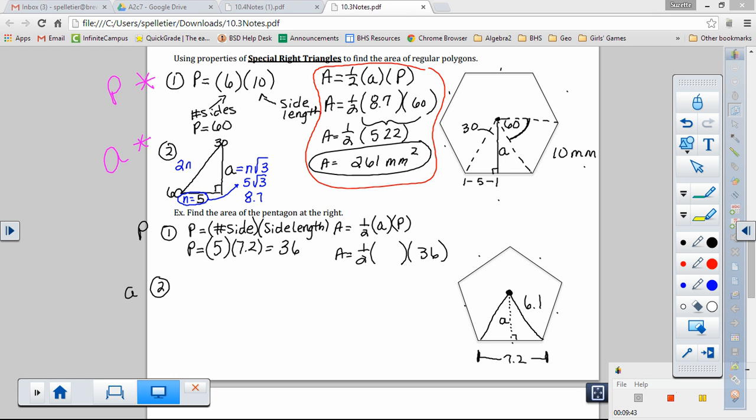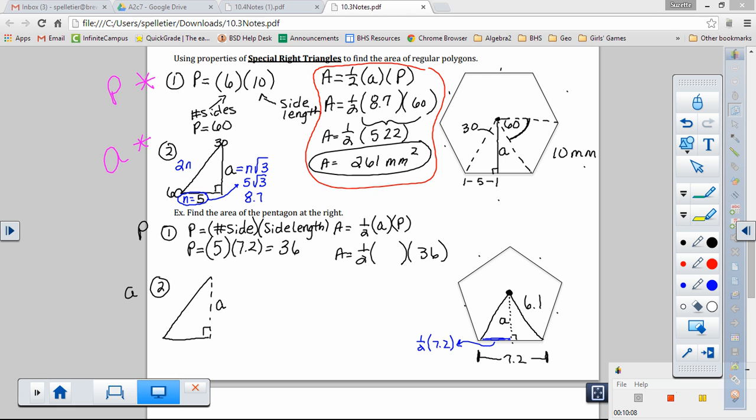So I'm going to redraw the triangle. That's the apothem I'm looking for, right? So here's the deal. I've got to figure out how long this piece is. So if the total is 7.2, this is going to be 1/2 of that full length, 7.2.